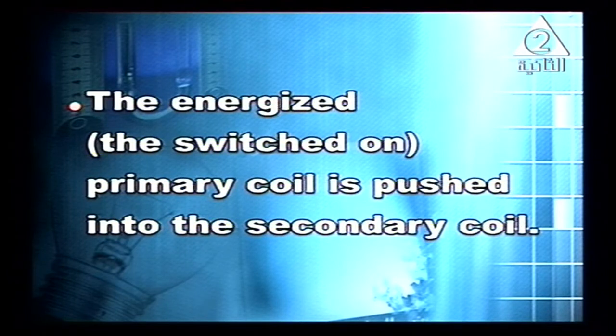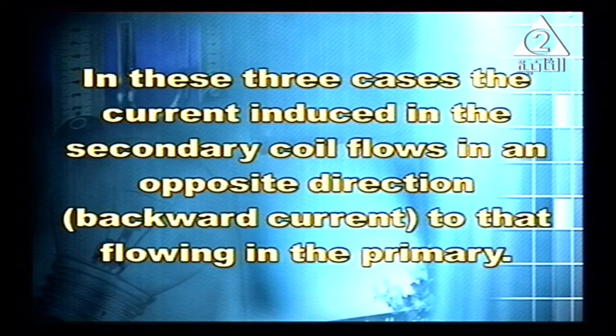So the 3 ways are when the current in the primary is increased, when the current in the primary circuit is switched on, and when the switched on primary circuit is moved towards the secondary coil. In these 3 cases, the current induced in the secondary coil flows in an opposite direction, backward current we call it, to that of the current flowing in the primary circuit.